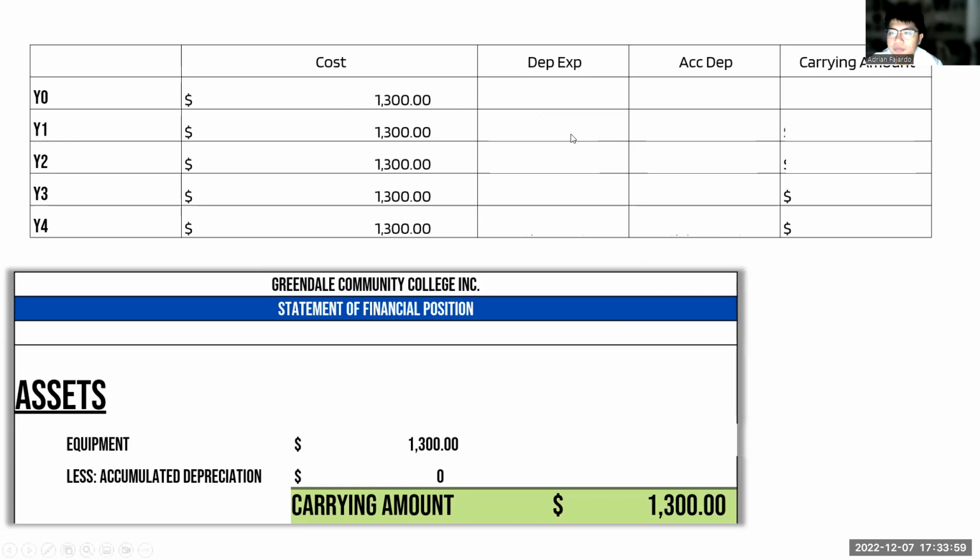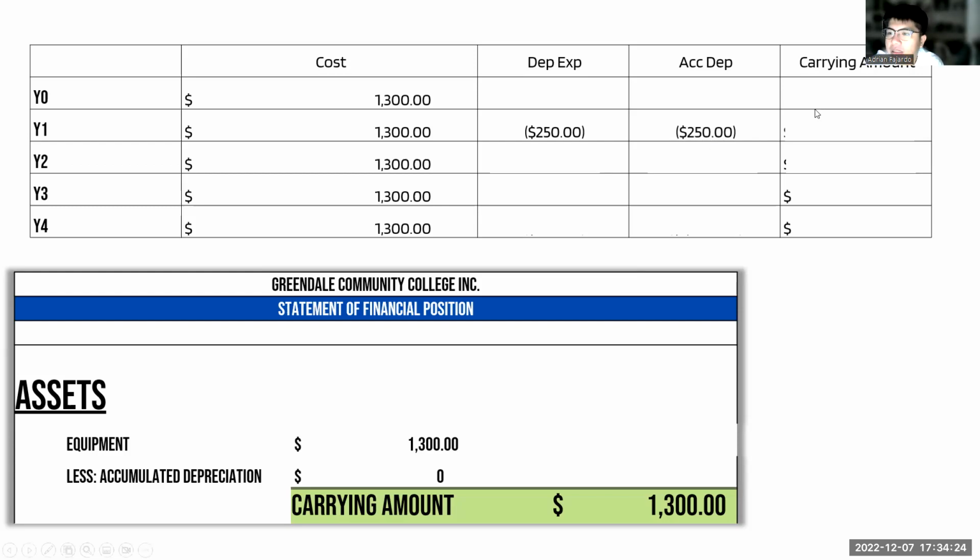So in year 1, we expect a depreciation expense of 250, and your ACDEP is just your accumulated depreciation, or it just takes note of the total depreciation expense for that particular product. So since wala pa naman tayong DepX before, then the ACDEP is still 250.